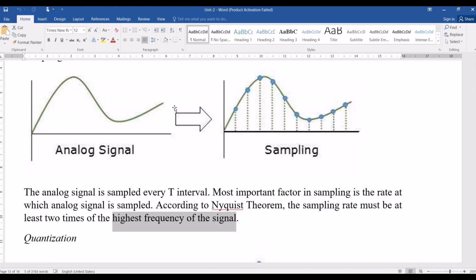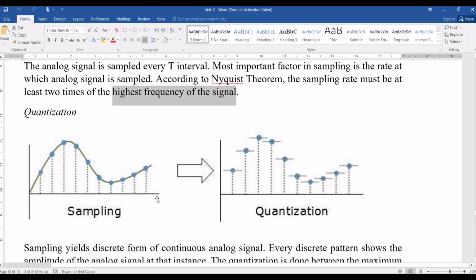If the highest frequency is 2 kilohertz, what will the sampling rate be? It should be 2 times the highest frequency. If the frequency is 2 hertz, then we have to take 4 samples per second. So the Nyquist theorem is very important for taking samples.